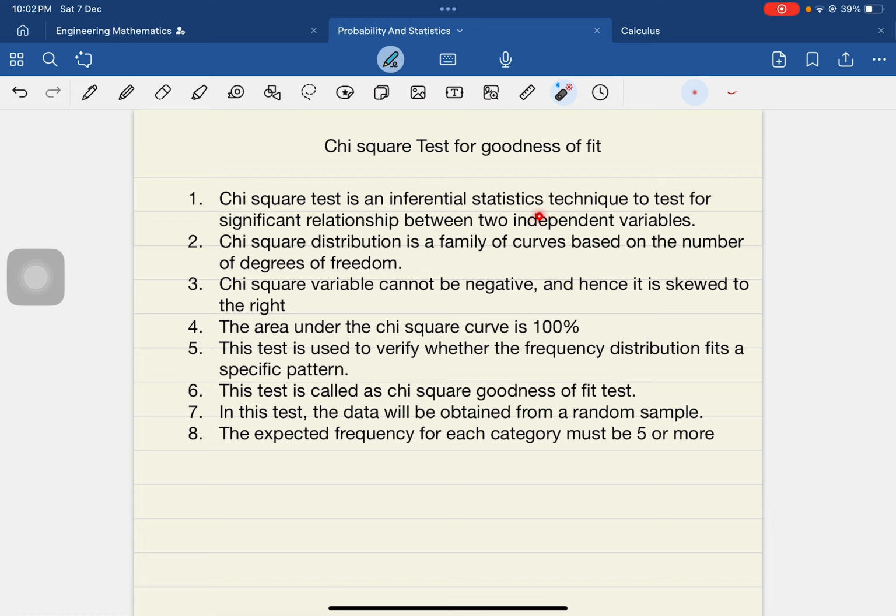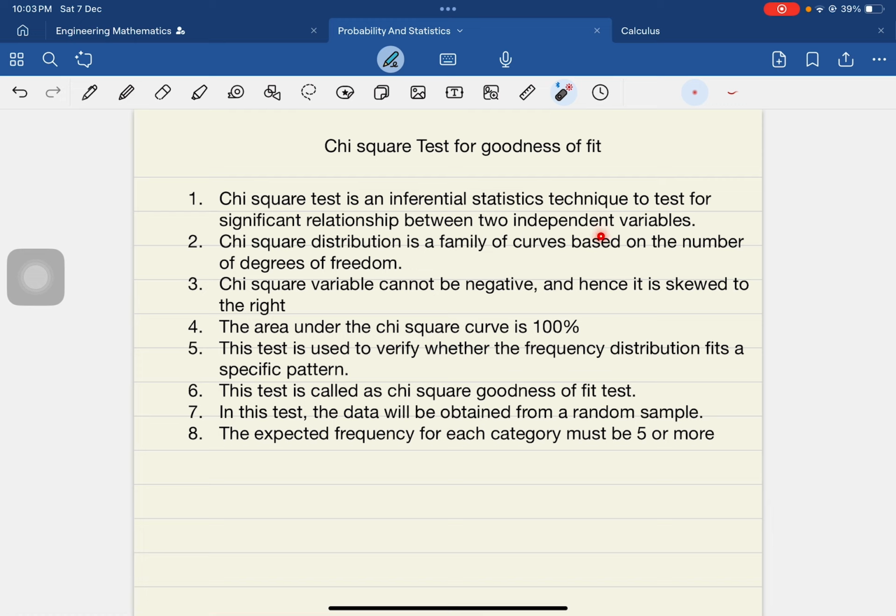It is an inferential statistics technique to test whether there is a significant relationship between two independent variables or not. For example, between male and female, is there any preference for a particular food product?